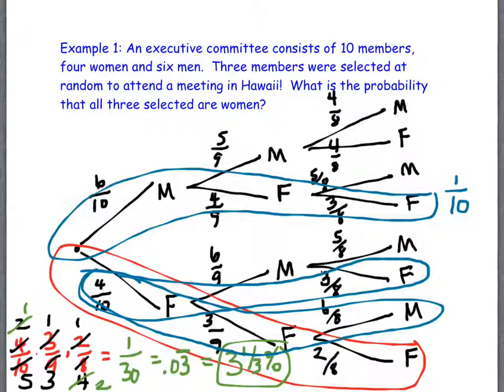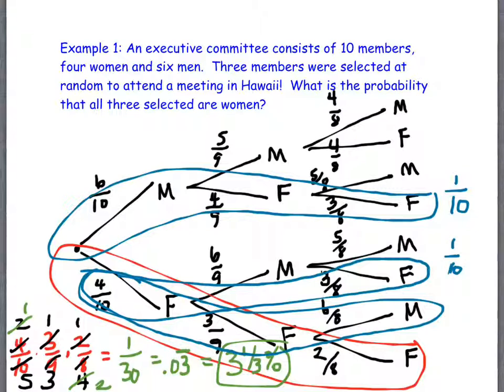Do the 4 over 10 times the 6 over 9 times the 3 over 8. What do you get? Somebody's getting it. What'd you get, Morgan? 1/10 again.